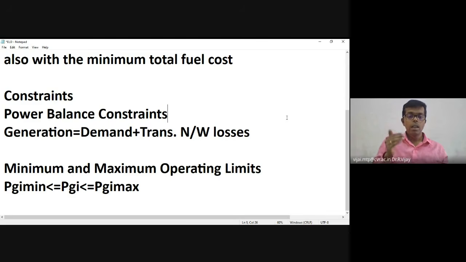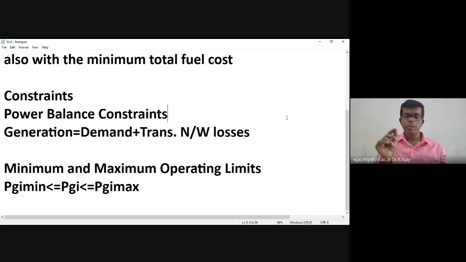You should not overburden your generator. You can overburden up to a certain limit, a tolerance limit that is given in the generator itself. Some 5 megawatt, 10 megawatt you can go up to. For 100 megawatt, you can go up to 109 or 110. It will not run at maximum like that, but you can go up to 110 megawatt. Also for minimum generation, like 80 megawatt, you can go down.